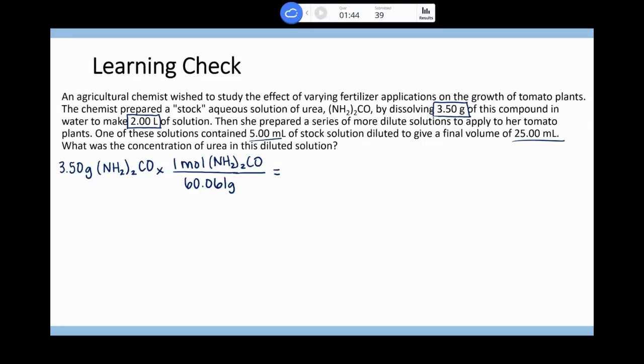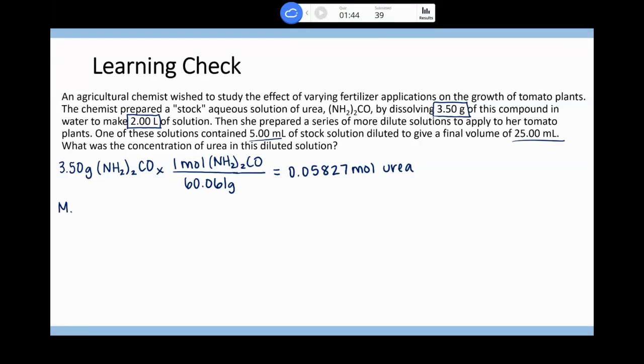So 3.5 grams of urea is 0.05827 moles urea. To make the stock solution, the chemist measured 3.5 grams, which is equal to 0.05827 moles, and those moles were added to 2 liters of solution of water.